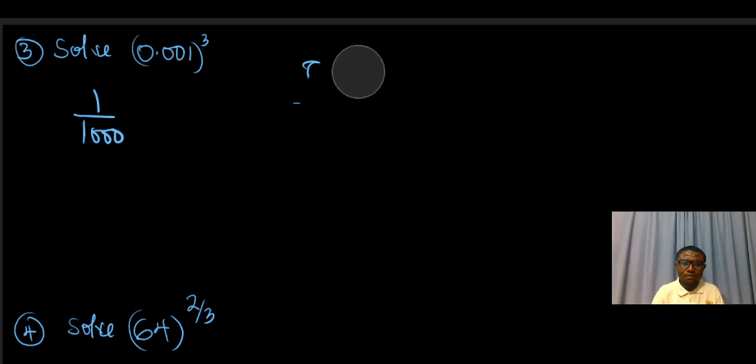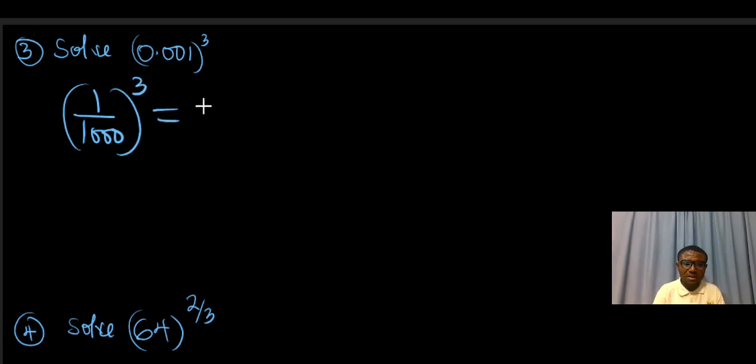So this becomes 1 over 1000 raised to the power of 3. This is the same thing as 1 to the power of 3 over 1000 to the power of 3. And 1000 can be written as 10 to the power of 3, right?